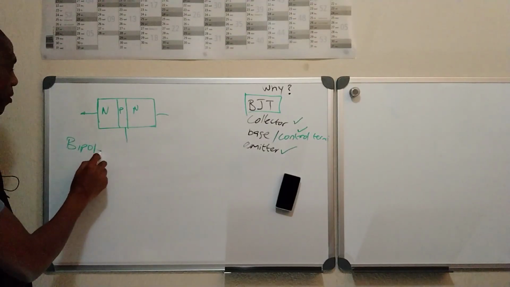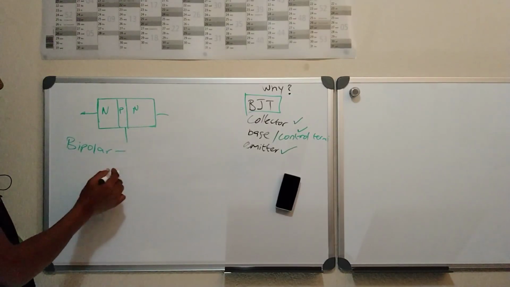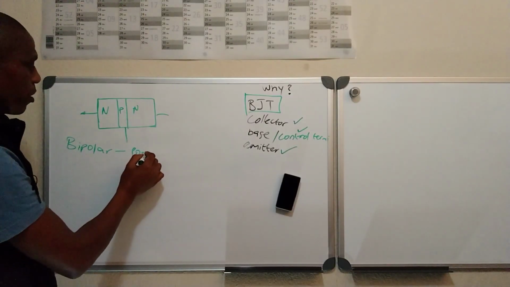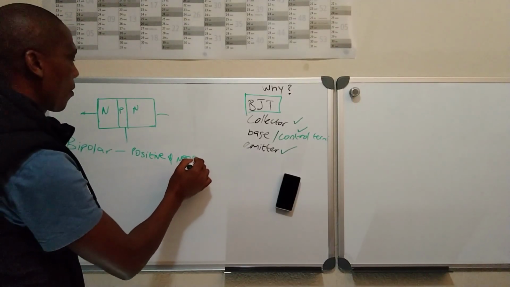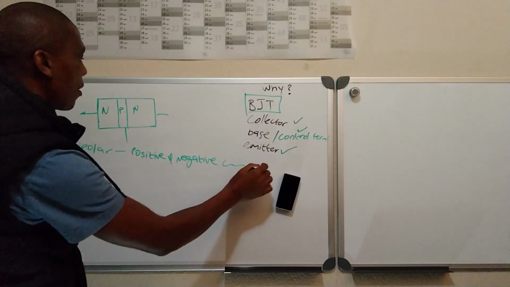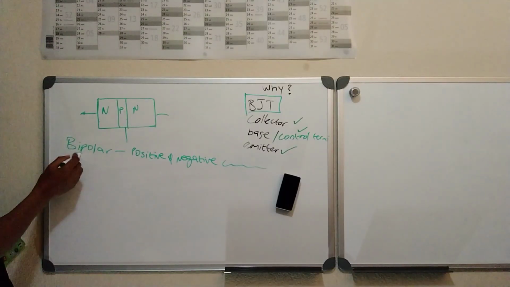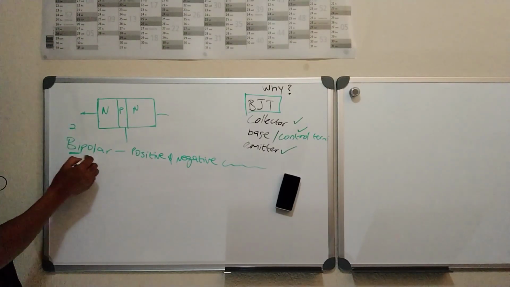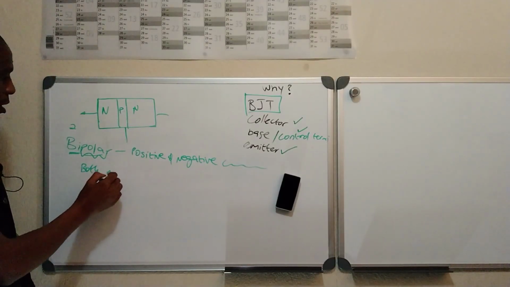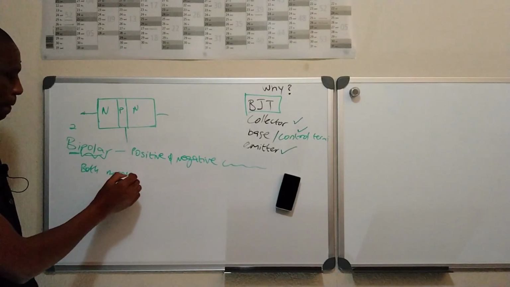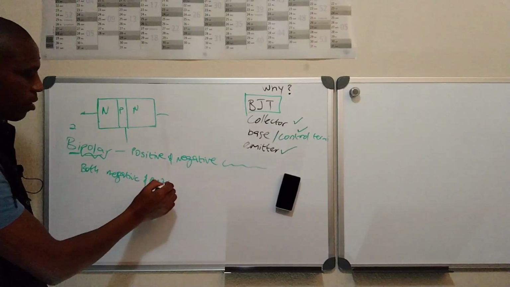They say bipolar. This bipolar indicates that this type of transistor uses both positive and negative charge carriers to carry charges. Bi means two. Polar means both negative and positive.